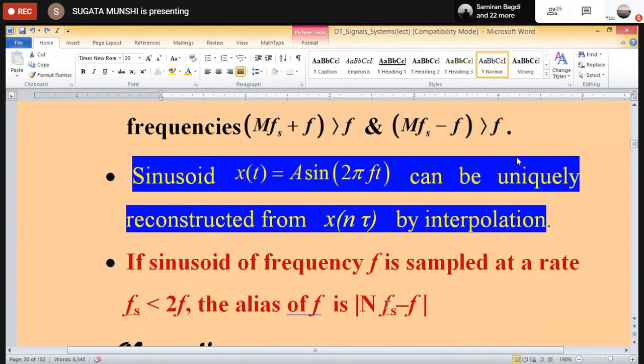Capital N is the value of an integer for which this N fs minus f has minimum value. You can try it out. Consider a small f, consider different values of fs, and then try out using this expression.